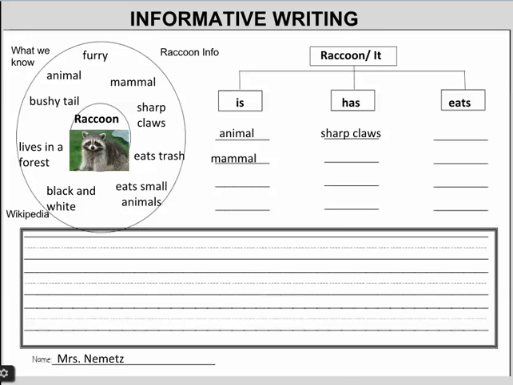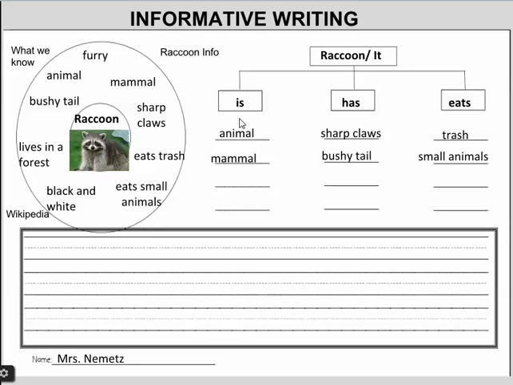It has sharp claws. I have sharp claws here. It has a bushy tail. Finally, what does a raccoon eat? It eats trash, and it also eats small animals.